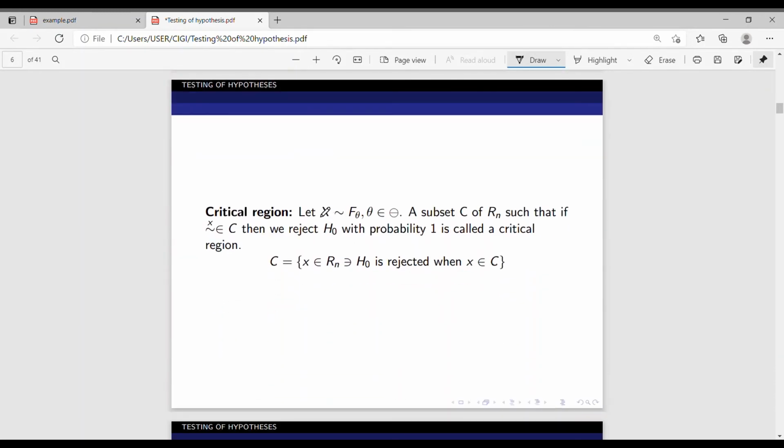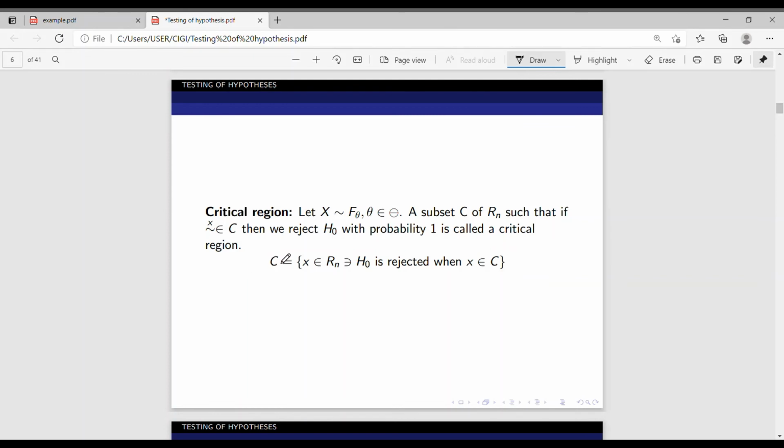Let the random sample follow the distribution f theta, theta belongs to capital theta. A subset capital C of Rn, such that if the sample point vector x belongs to capital C, then we reject the null hypothesis with probability 1, is called the critical region.